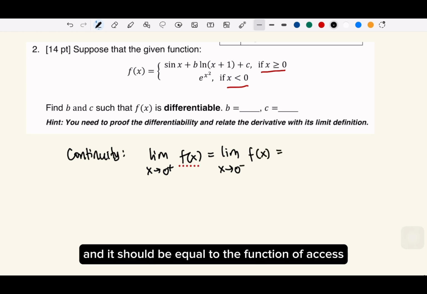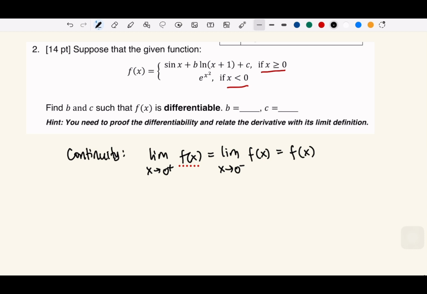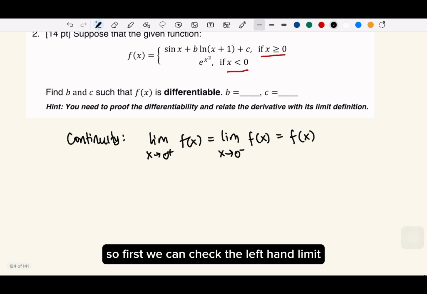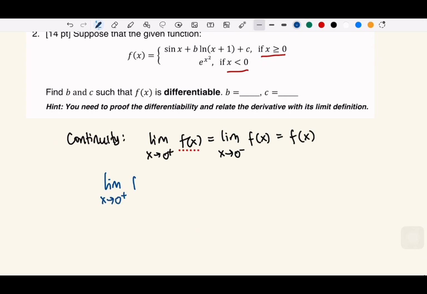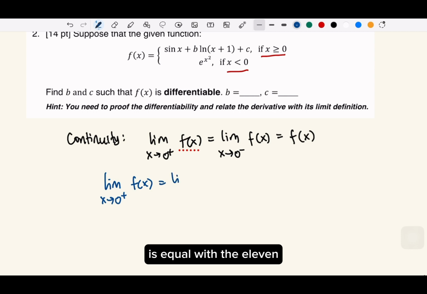And it should be equal to the function of x. So first we can check the left hand limit and right hand limit. So suppose that the right hand is equal with the left hand.